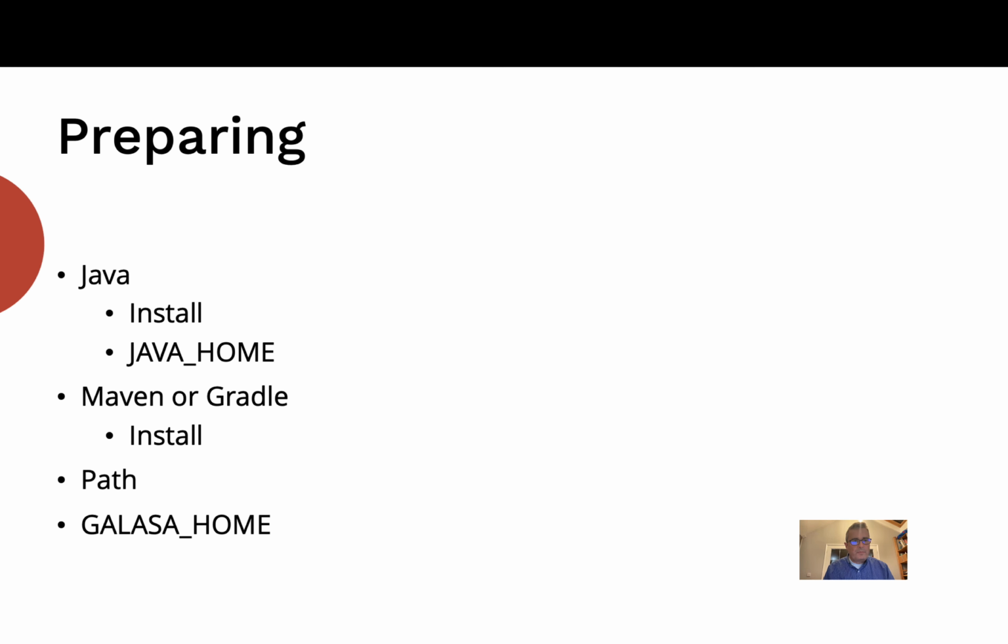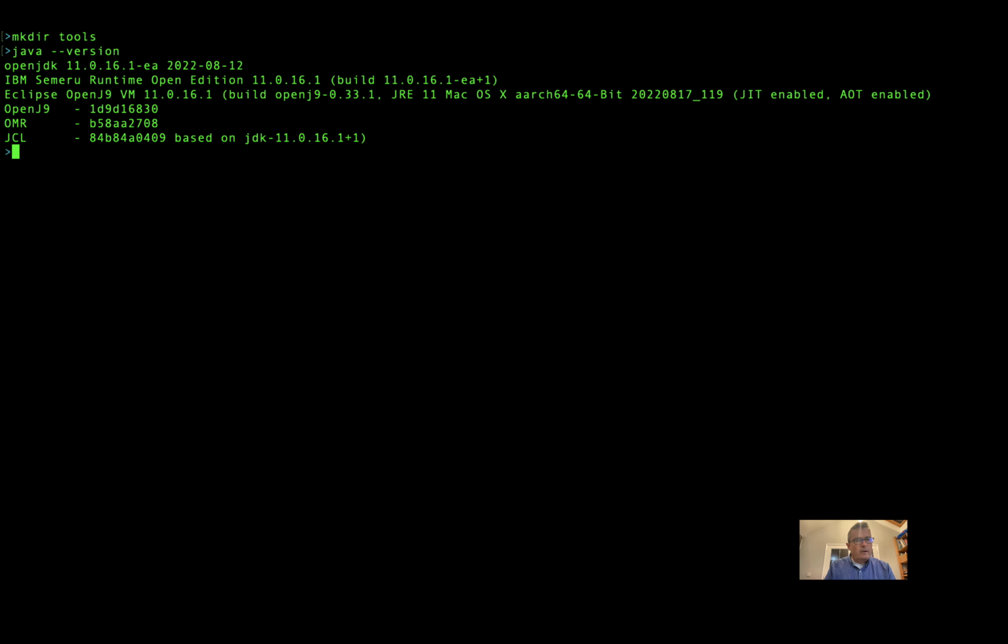Okay, so now we're going to prepare my system, which hasn't got Galasa control on it yet, for using the command line tool. So firstly, let's create a folder where I'm going to put the tool, and I want to check that I've got Java installed, and I should have a command line environment variable called Java home.